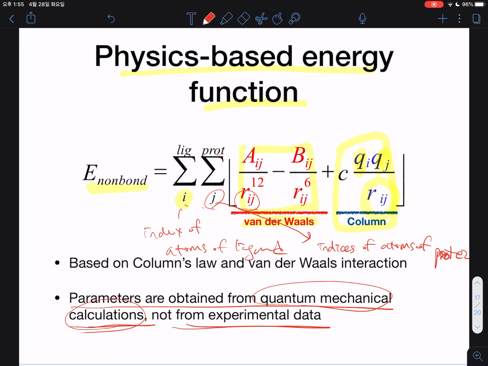So the physics-based energy functions are clear and they have a solid theoretical foundation, but they are not necessarily more accurate than experimental or empirical scoring functions, because, as I mentioned, quantum mechanical calculations of proteins take a long time.